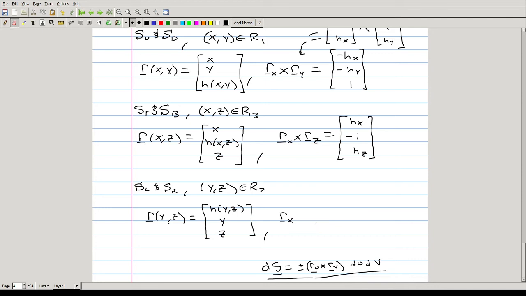So the normal vector to either of these surfaces you can get by doing ry cross rz.